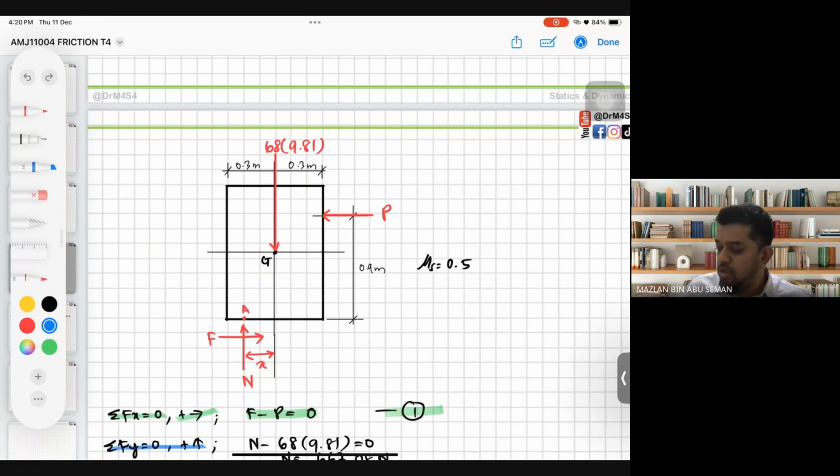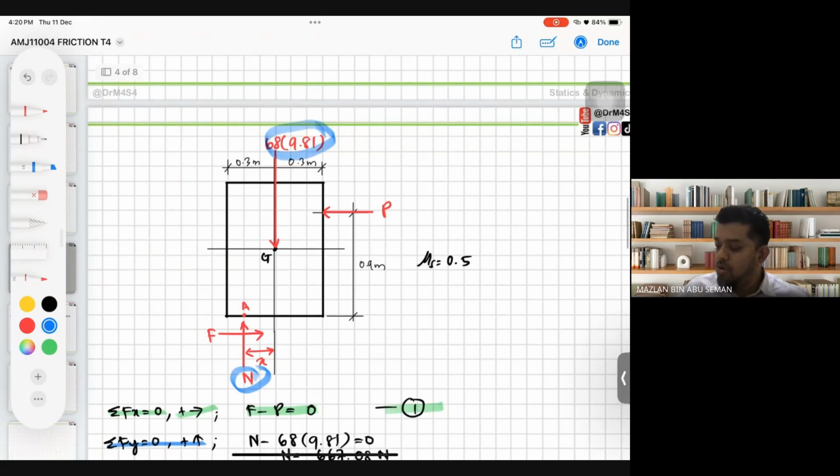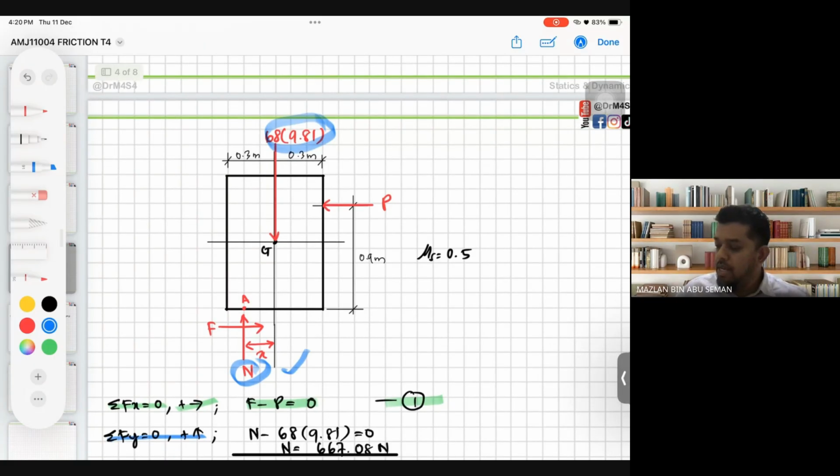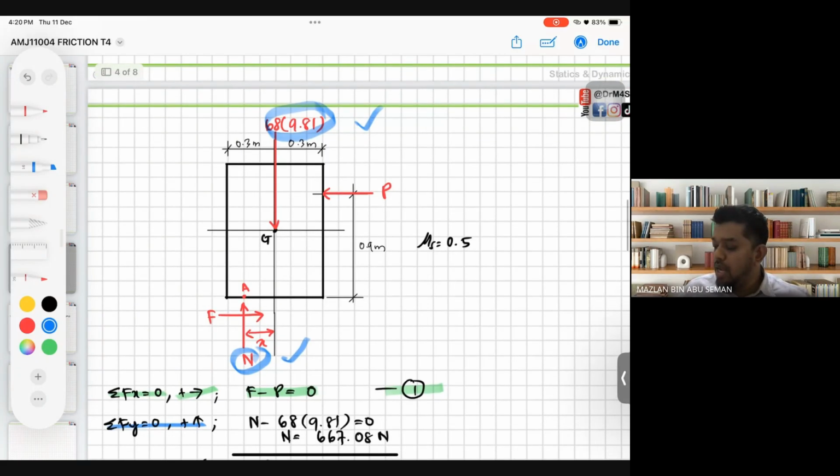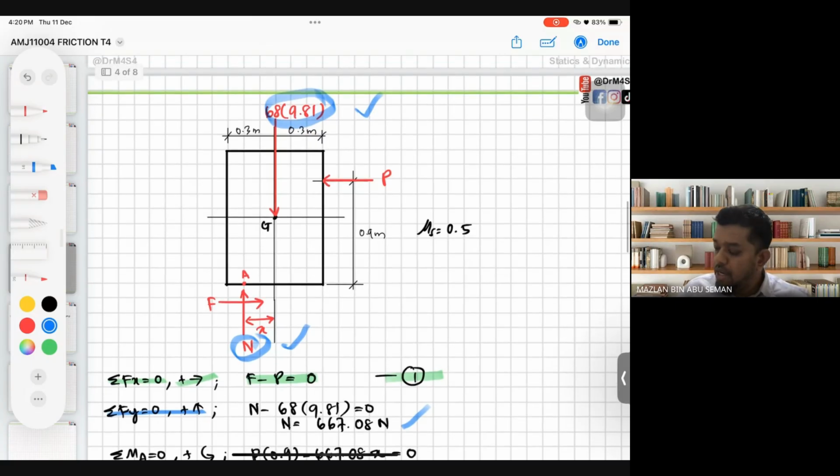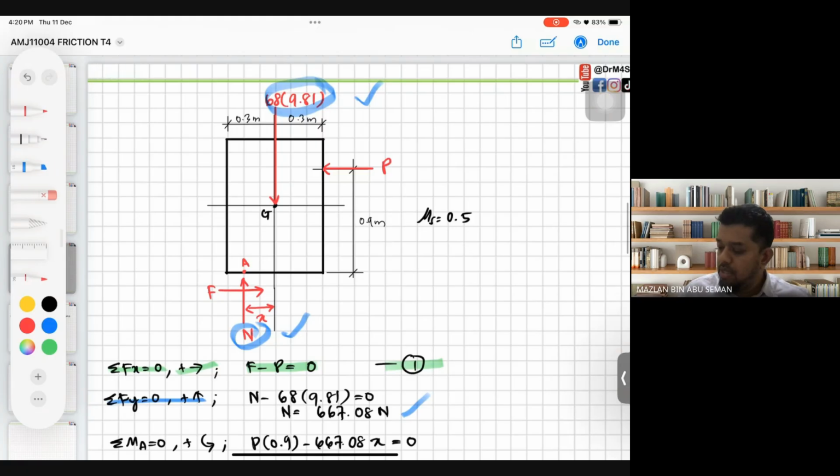Fy equal to 0, positive upward. So we have our N, then we have our weight. So N minus this weight equal to 0. So we get our N is 667.08 Newton. So we are done with Fy.